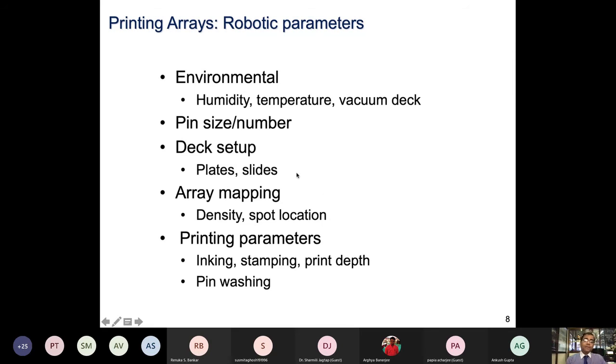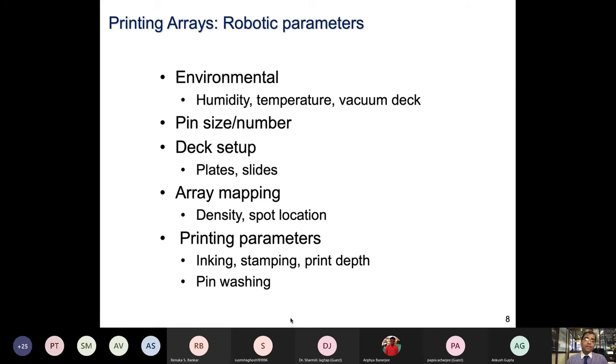Number of slides to be printed: sometimes 30 slides, sometimes 180, sometimes even 300 slides in a single shot can be printed. What type of array mapping you are going to use, the densities of the arrays, where the spots are going to be printed, and of course many printing parameters: the inking, stamping, print depth, and how to wash your pens during the printing.